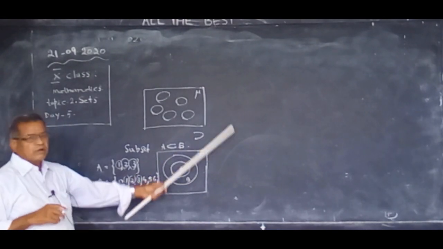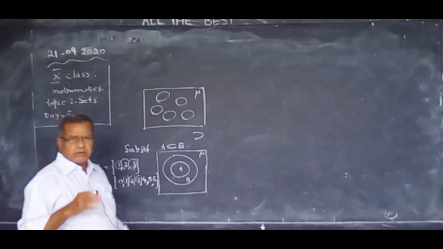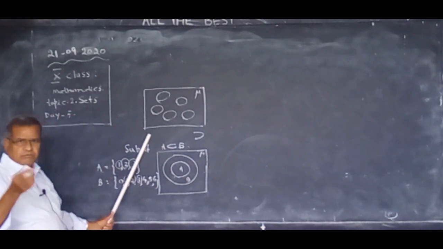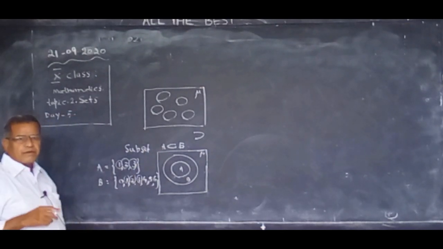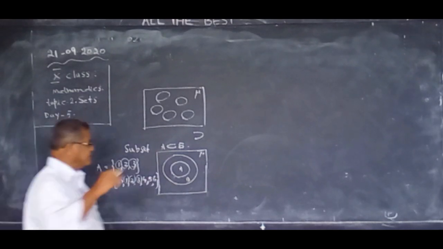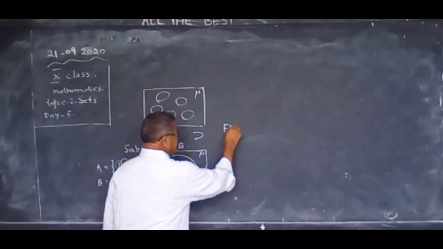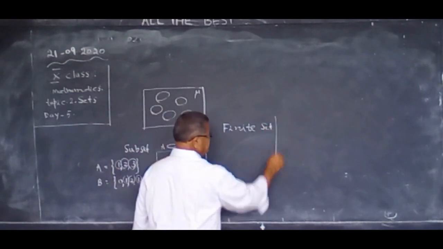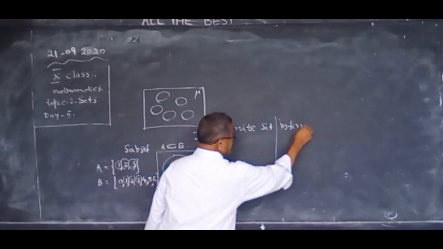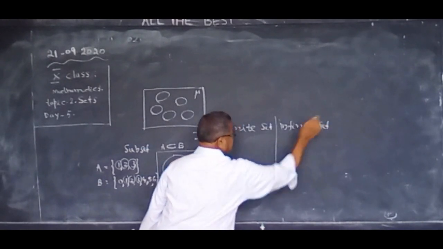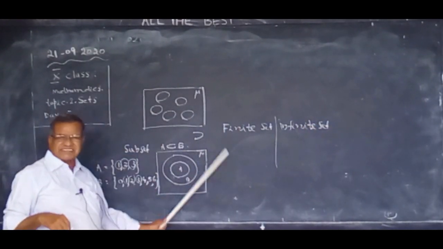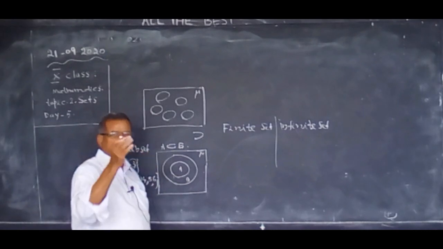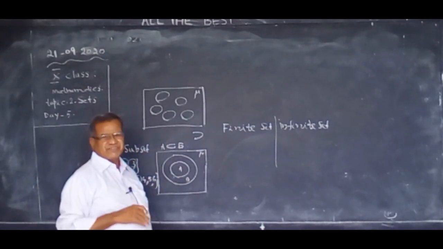Next, we learn finite sets and infinite sets. There are some sets whose elements we can count. Set A containing the days of the week: there are 7 days in a week, we can count.